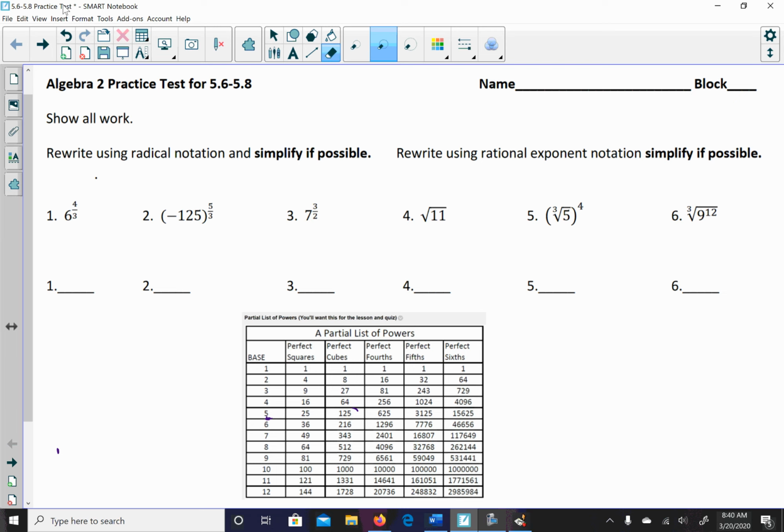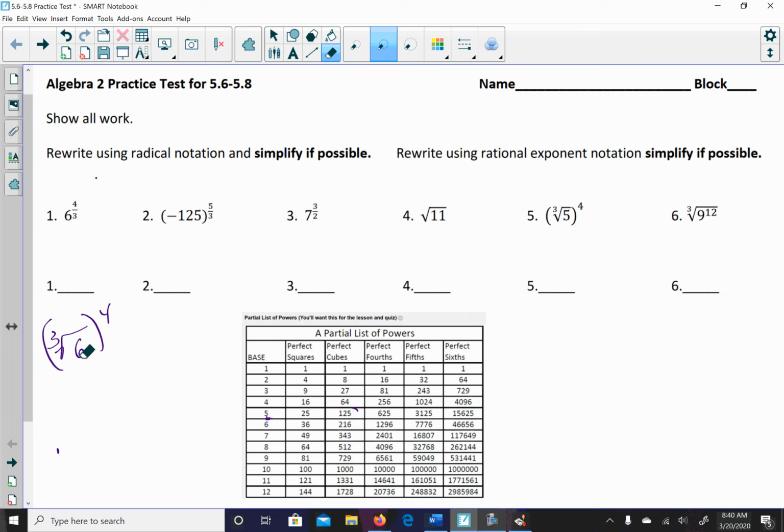So we're going to begin by rewriting using radical notation. The first one, I have 6 raised to the 4/3 power. Remember to rewrite that as a radical. This is my index, so 3 is my index, 6 is my radicand, and I'm raising it to the 4th power. I can look at my perfect cubes and realize that there are no factors of 6 that are a perfect cube.